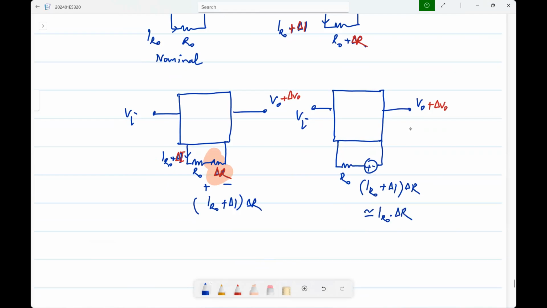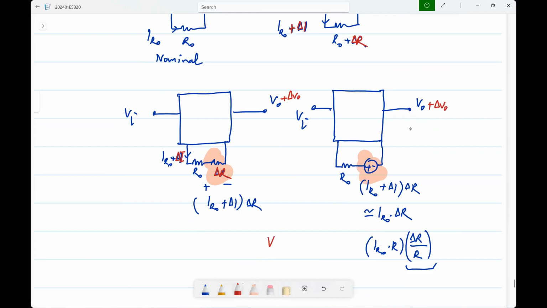Which can be further written as IR naught times R times delta R by R, because you want to write everything as some function of the relative error, because it's a relative error sigma that is given to you. Is this fine? So now you can do a small signal analysis of the circuit with this as the source. The source value is, what is it?